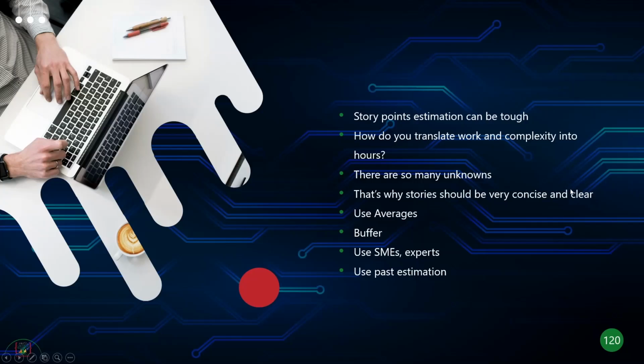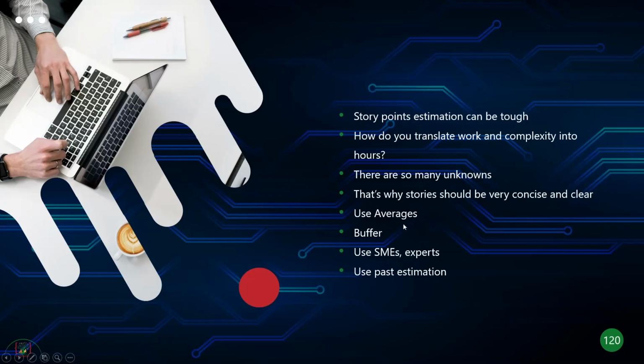So that's why it's very important, as long as the story is very concise and clear, you try to remove the ambiguity a lot. You cannot plan for everything, but you try to do your best with whatever is given to you. You can also use averages.